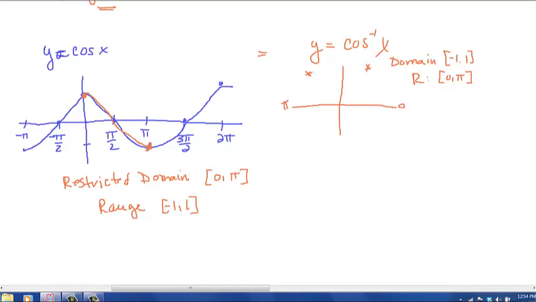Unlike sine, since we restricted sine from negative pi over 2 to pi over 2, that angle is restricted to either the first or the fourth quadrant, depending on whether it's positive or negative.